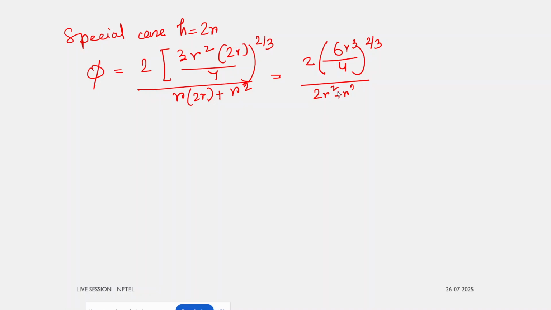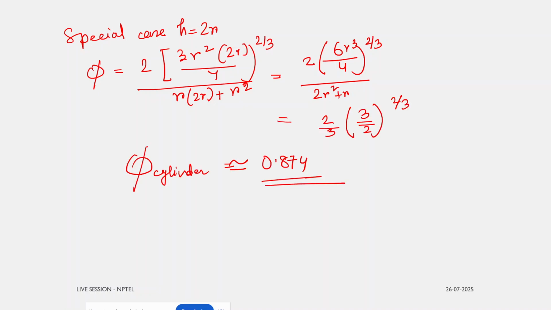These are the step by step you can follow to calculate the sphericity of any kind of shape that has been given to you with a special case or any specification that we have mentioned for this case, that h equals L equals D or height, whatever it is. So we can derive step by step simply by following this rule of sphericity, that surface area of a sphere that has the same volume as the particle upon surface area of the particle.